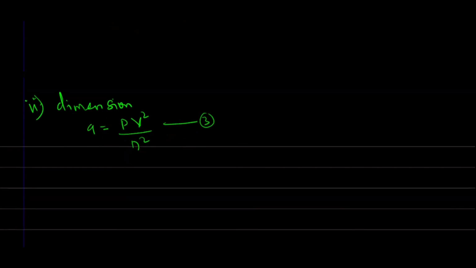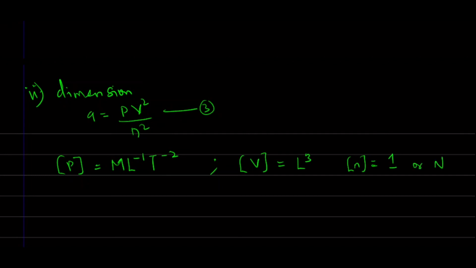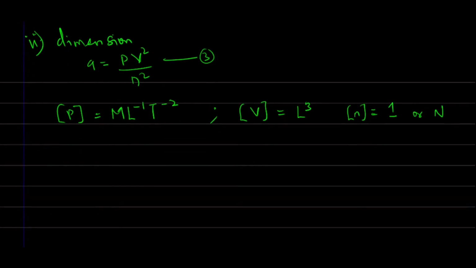If that be the case, the dimension of pressure is ML minus 1 T minus 2, and the dimension of volume is L cube. While the dimension for number of mole, we can take it as 1. I'm going to take it as 1 in this case, or I can as well use the capital letter N, which represents the original unit. So in this case, we are going to be working with 1.